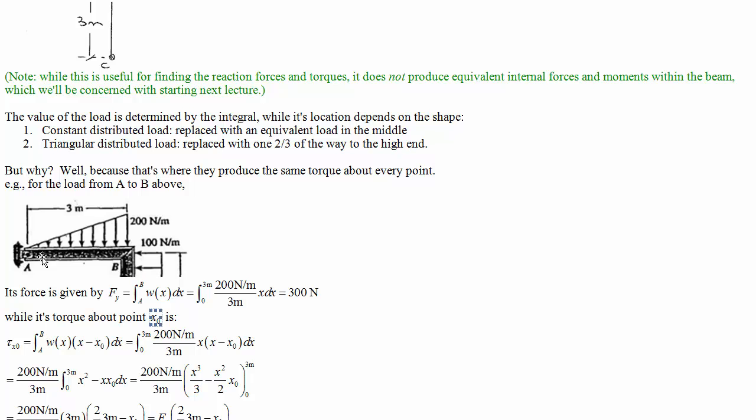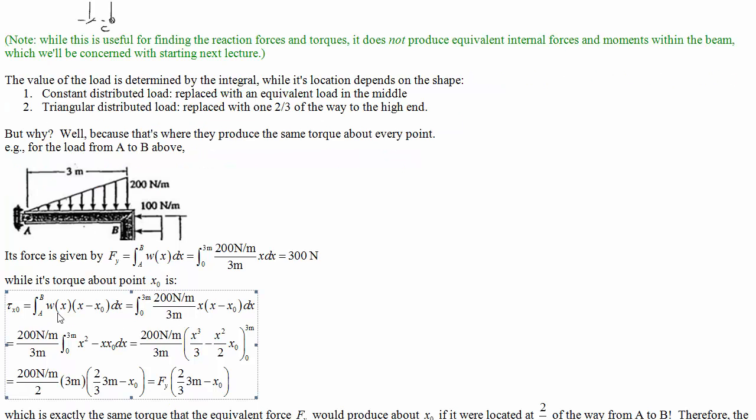Let's say some point x0, wherever that is. The torque that it makes about that is this. Now you can do that integral, and you'll find that the torque it makes is Fy, this 300 newtons that we found up here, times the difference between our arbitrary point x0 and 2/3 of the 3 meter distance.